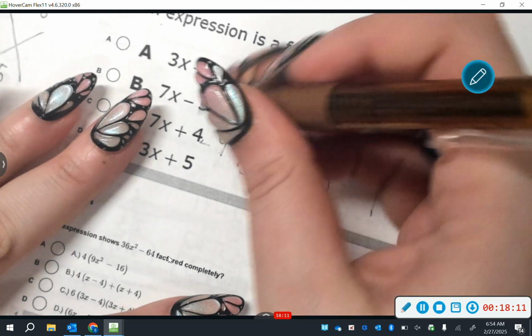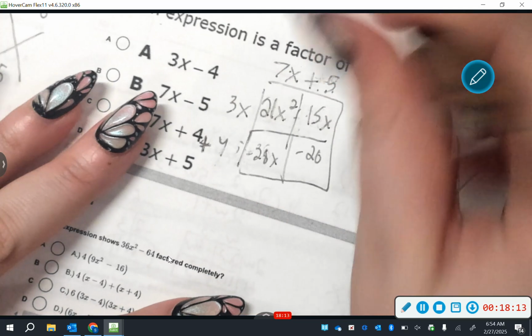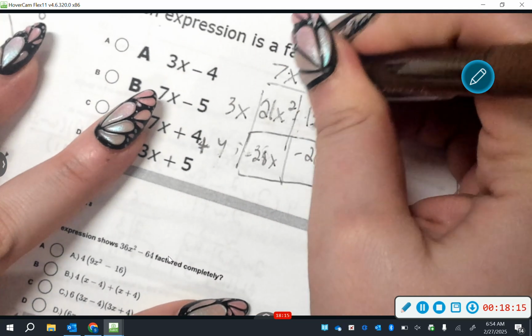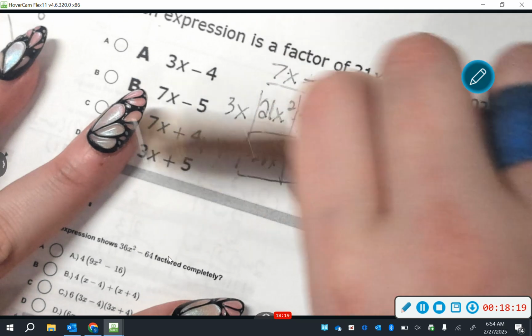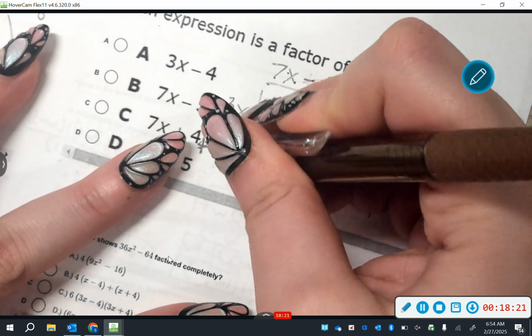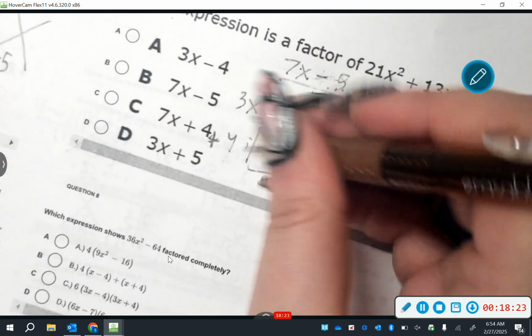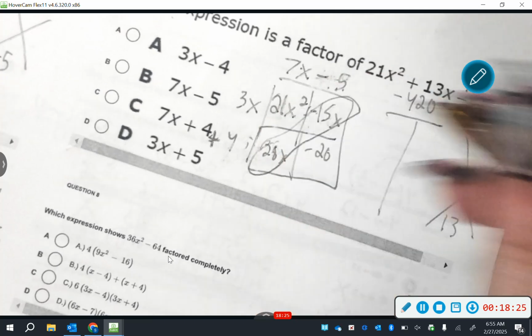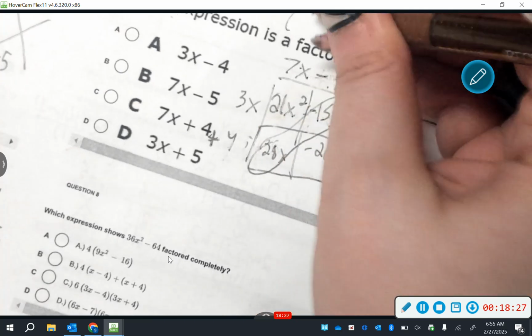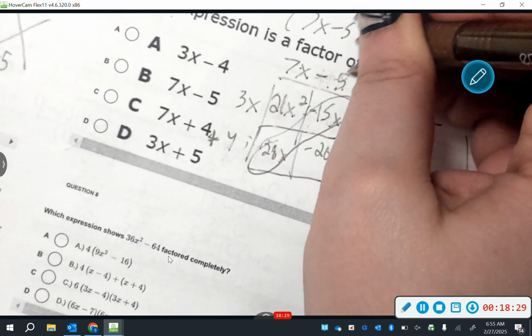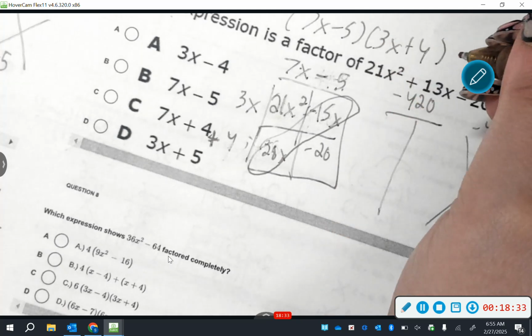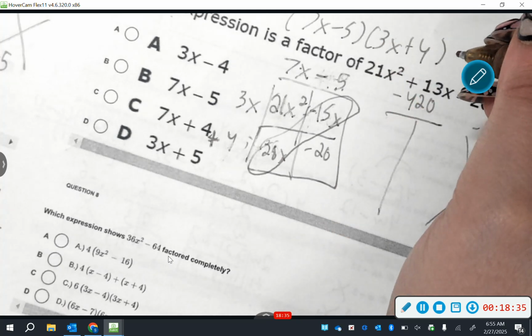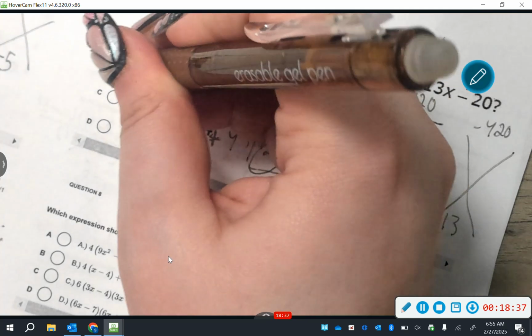Oh my god, positive 4, negative 5? That's 20, 28 minus 15 is 13. We got there, y'all. Oh my god. That gets us 13. So it should be 7x minus 5 and 3x plus 4. 7x minus 5. Our answer is B.